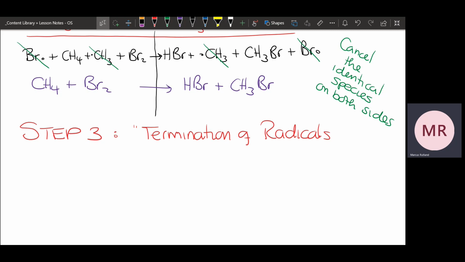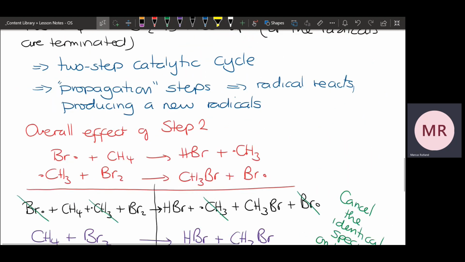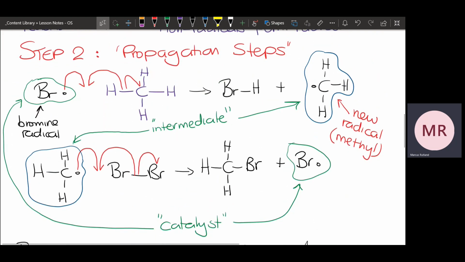And so the reaction could just keep going, cycling through those 2 parts to step 2, over and over and over, using up methane molecules, using up Br2 molecules, and producing products. So the radicals, once they're made, act as catalysts, they don't get used up. So they allow the reaction just to go on and on in a chain reaction, one step leading to the next step, leading to the next step.